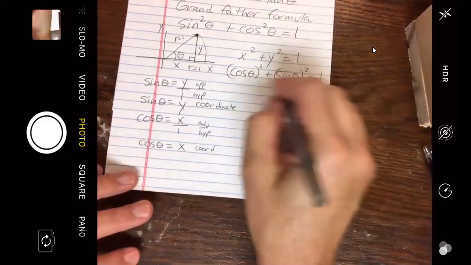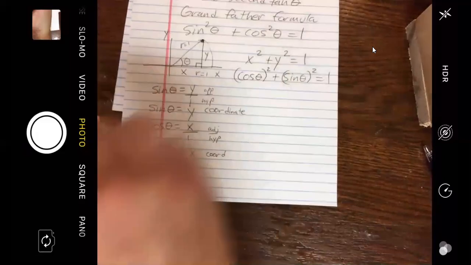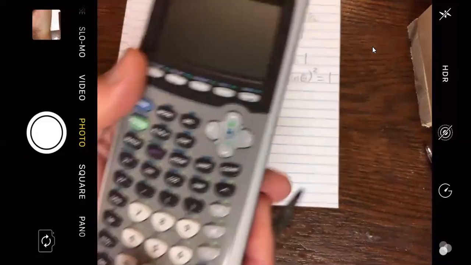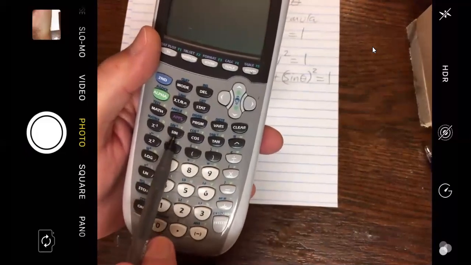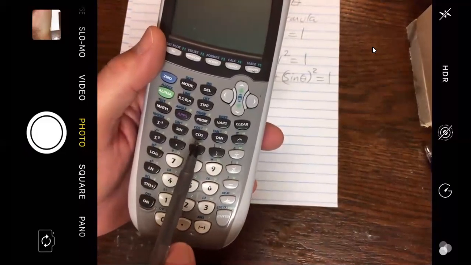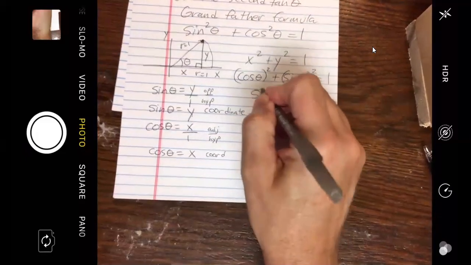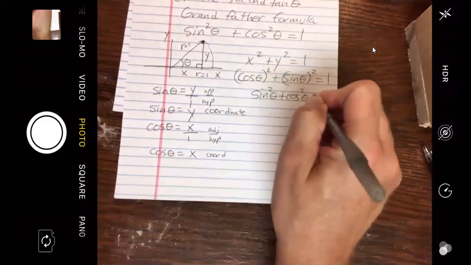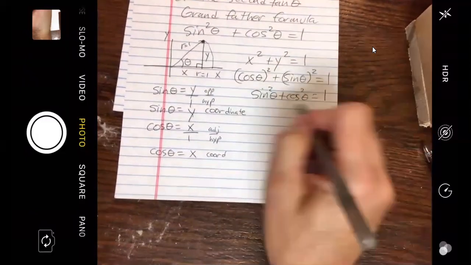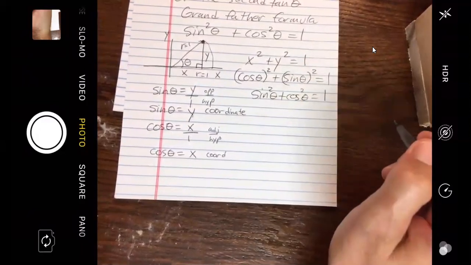They usually switch it around and write the sine first, maybe imitating the order on a calculator, even though sine's the y coordinate and cosine's the x coordinate. So you have sine squared of an angle plus cosine squared of an angle equals 1, and that's where it comes from.